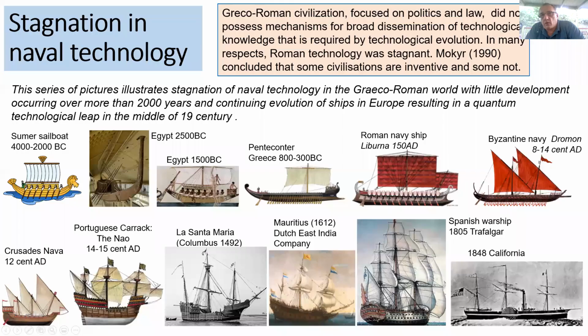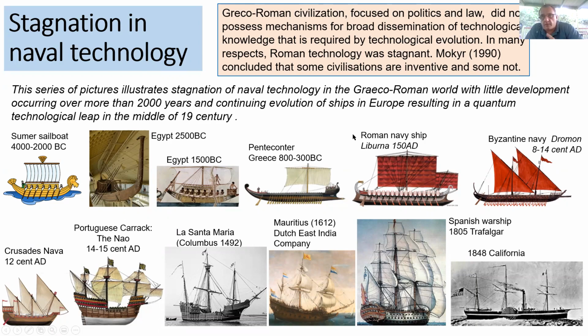While Greek and Roman society had impressive technological achievements, the overall development of technology was quite slow. And this can be illustrated by the evolution of the Navy. You can see that over a few thousand years, inventions in shipbuilding were not that great. I'm not saying that there were not any inventions.